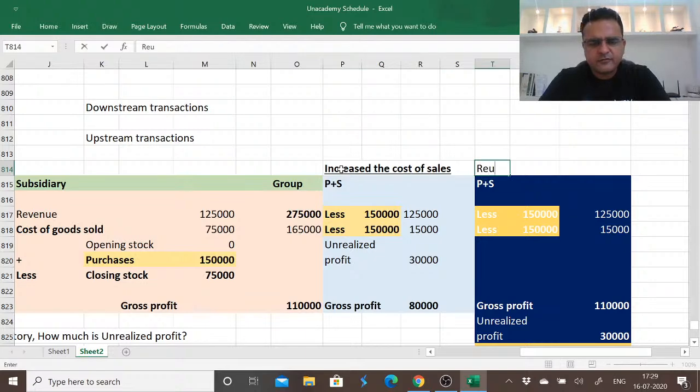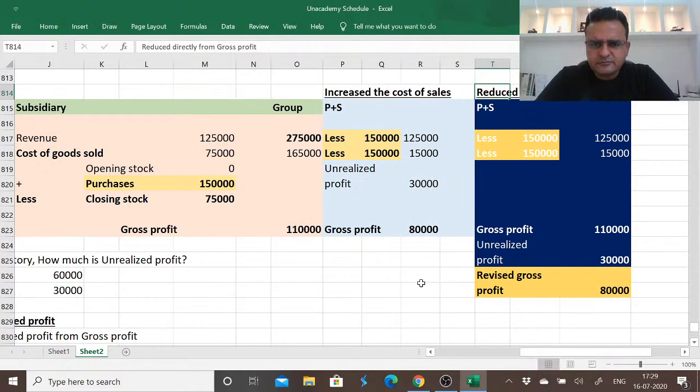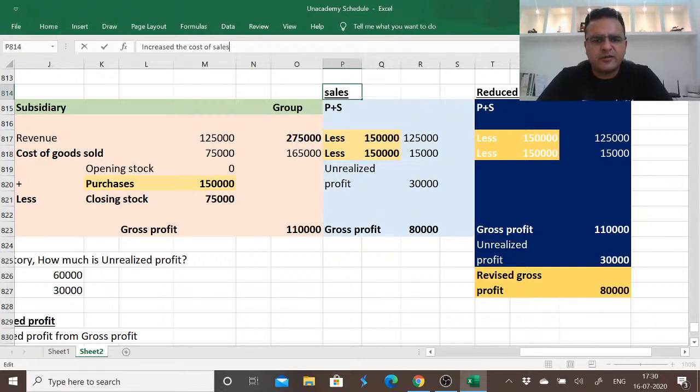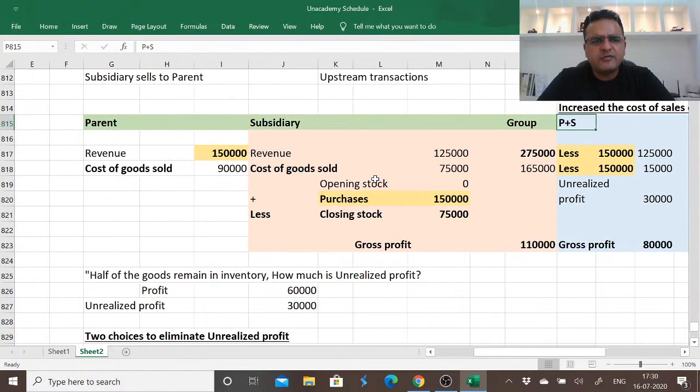In the second case, we reduce directly from gross profit. It's or, not both. This is one thing we need to be careful of. The net impact on the treatment will be the same.